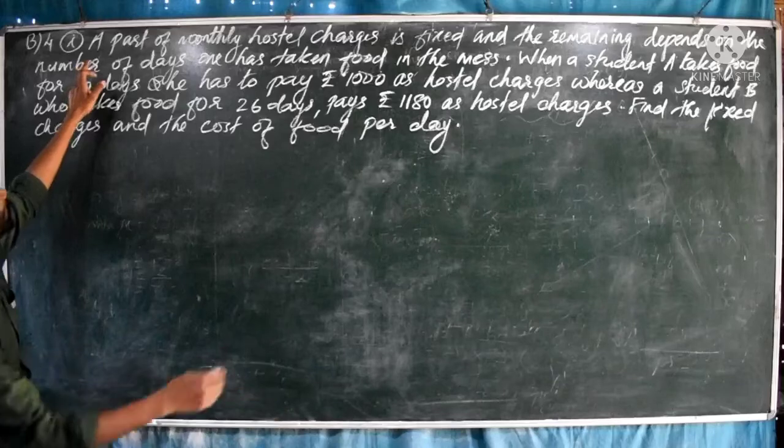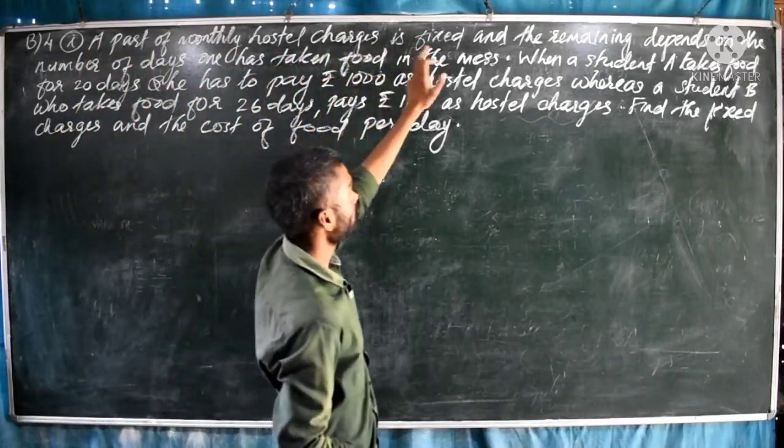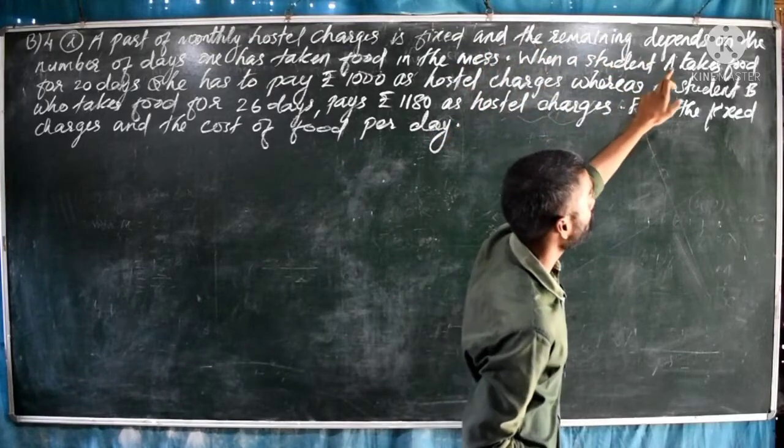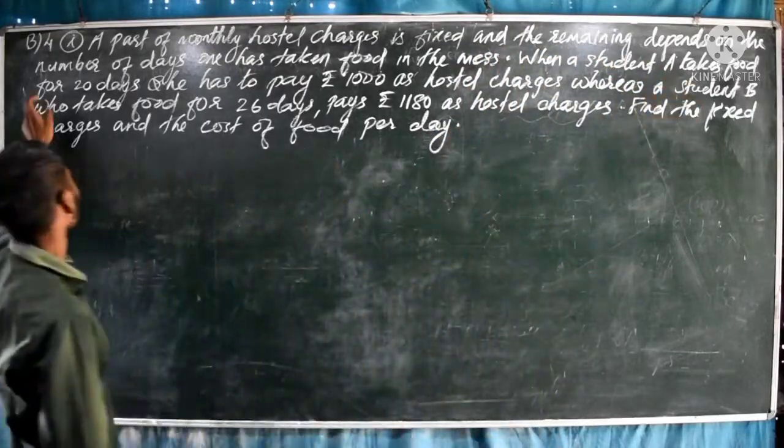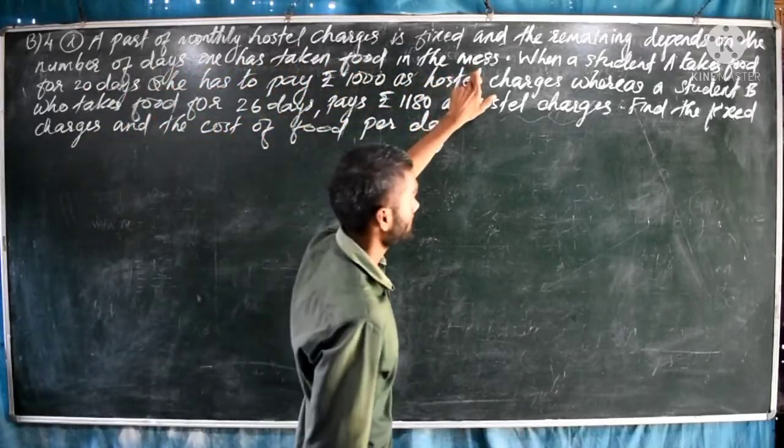Let us try to understand it. A part of monthly hostel charges is fixed and the remaining depends on the number of days one has taken food in the mess.